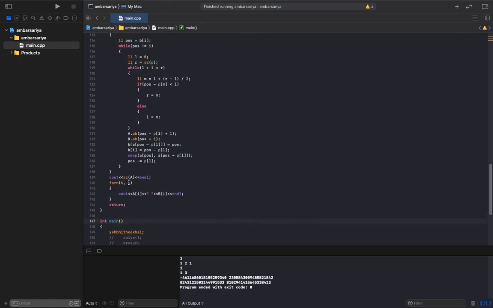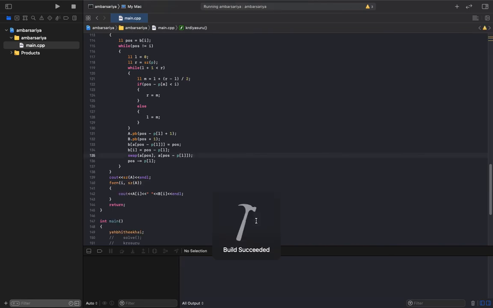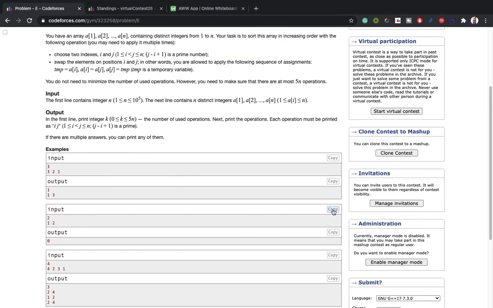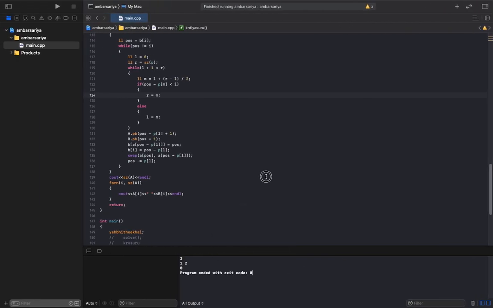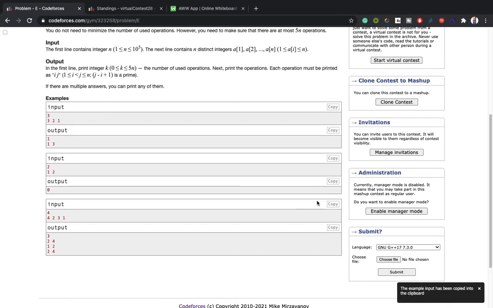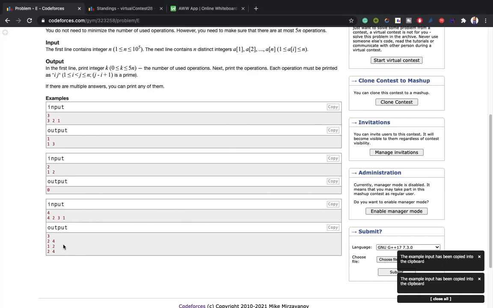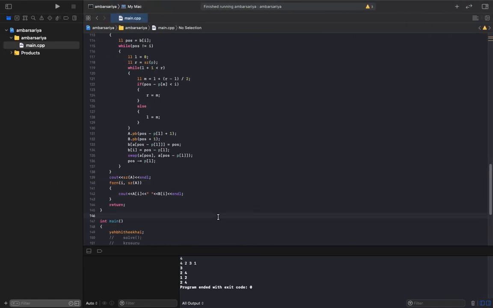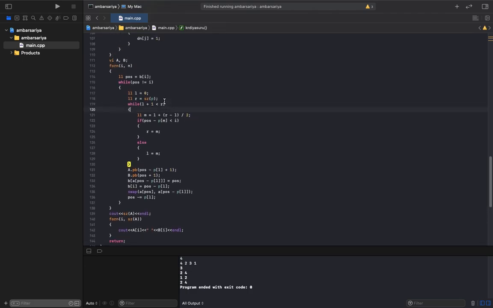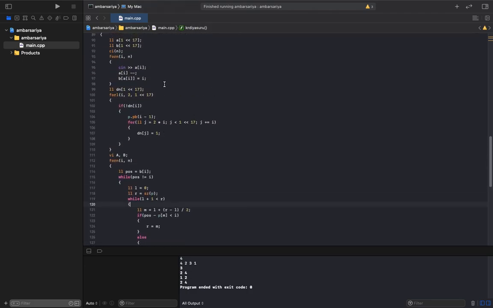Oh, it is not N, it is the size of A. Let's check for the second case. Is it 0? Yeah. Let's check for the third case. 2 4 1 2 2 4. Yeah, it is working for the given cases. Let's submit it.